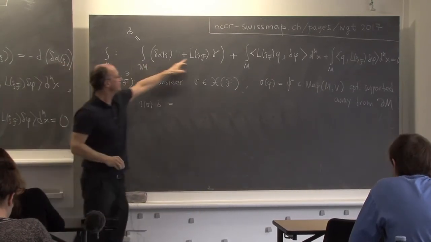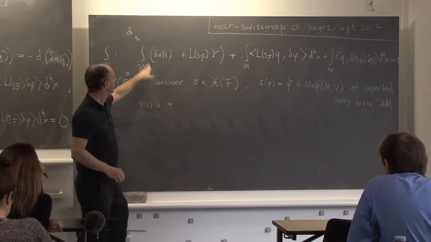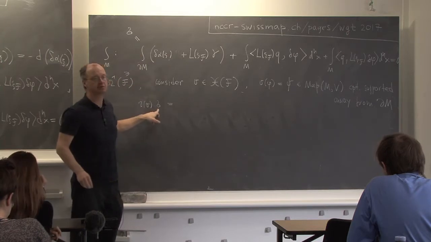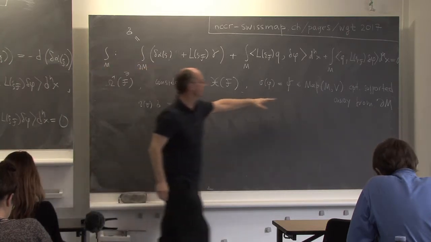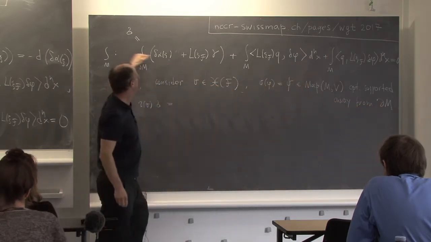Because my symmetry is local, this term will actually vanish when I apply iota v to it, because psi vanishes on the boundary and some neighborhood of the boundary.